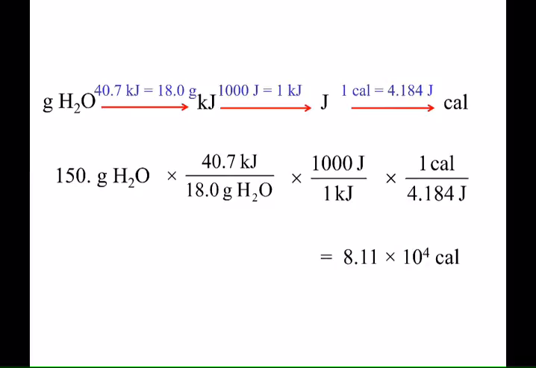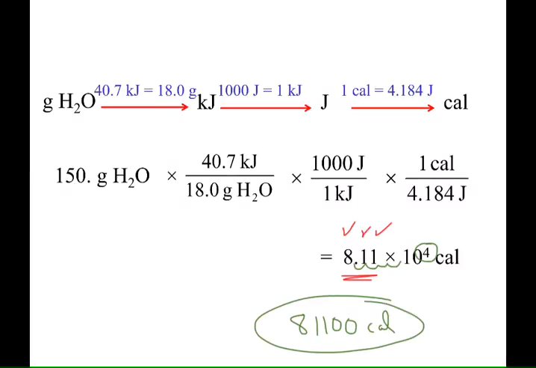I packed it up in scientific notation to take out the ambiguity, so I got 3 sig figs there. If we were going to unpack this, we'd move the decimal place over 4 places: 1, 2, 3, 4. So it would be 81100 calories. You could write the number that way too, because as long as you don't put in the decimal, by convention it is also 3 sig figs. So either way works.